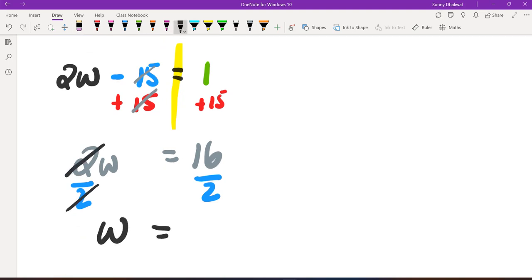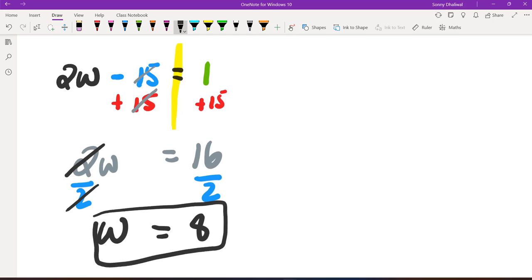And what do we have on the right-hand side? 8. Okay, and that is our answer. So definitely more than 2 steps. But we're trying to move over 2 numbers, and that's what it's sort of referring to.